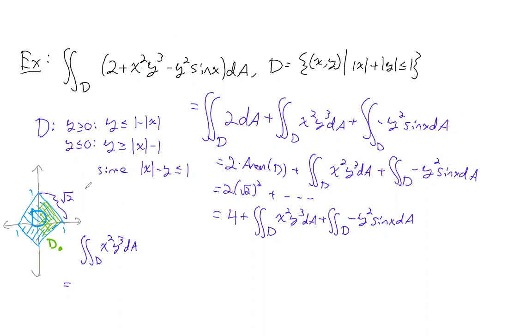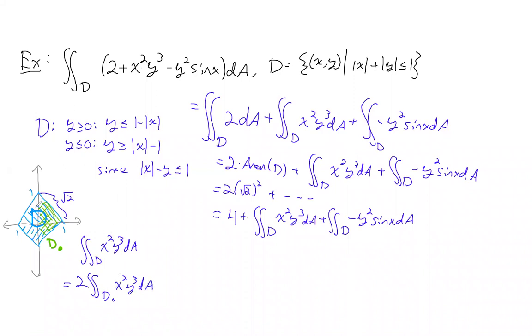And having done that, I can say that this is just 2 times the double integral over D0 of x squared y cubed dA, because x squared is even.